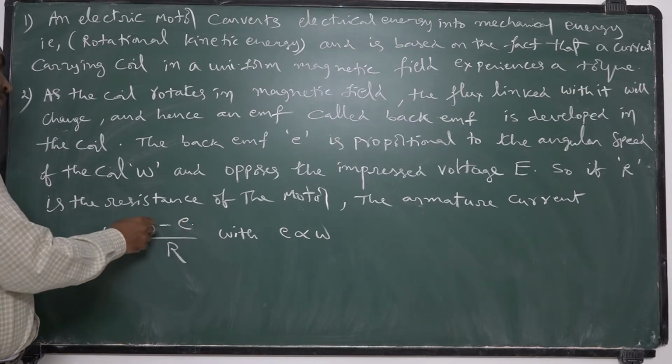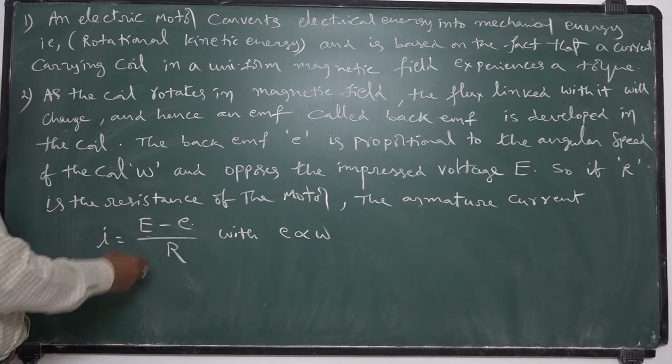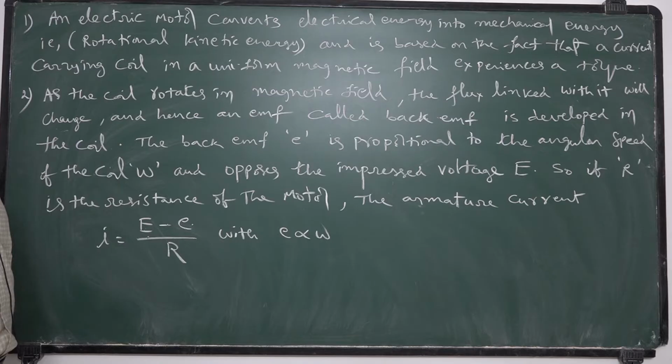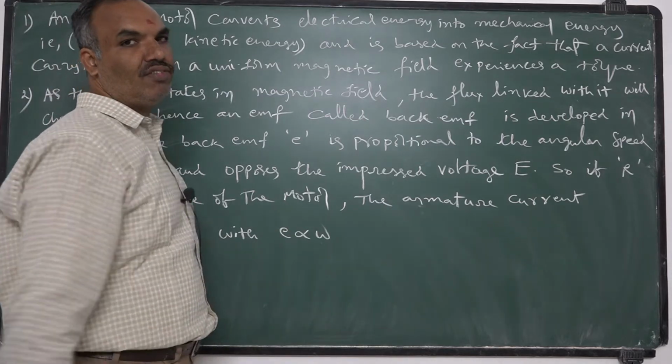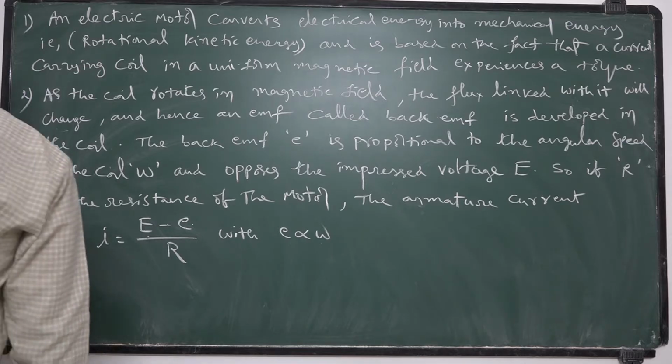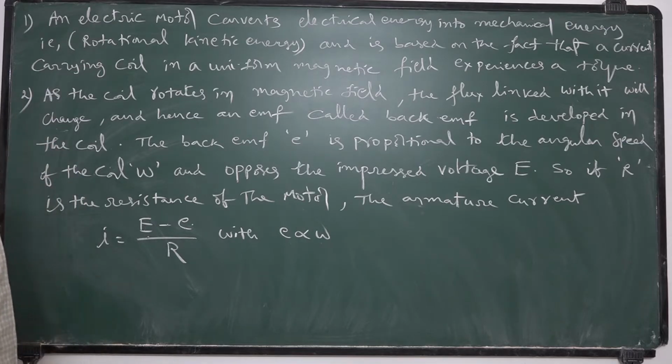But here capital E is the applied voltage, fixed, R is the resistance, fixed, but small e is the back EMF developed, which is proportional to the angular velocity of the rotation of the armature. This is the second point you should understand related to electric motor or DC motor.